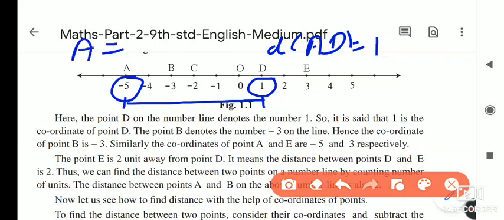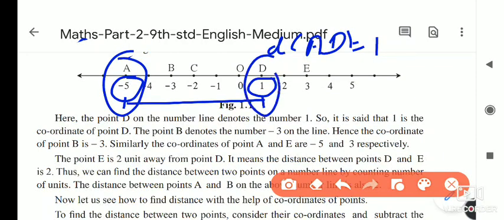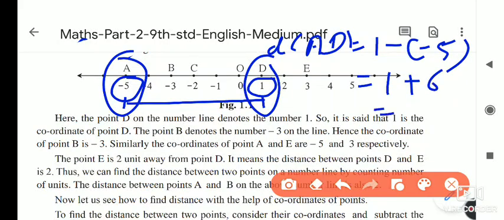Coordinate of D is 1 and coordinate of A is -5. Which is the bigger number? 1 is bigger. So we have to do 1 minus -5, which becomes 1 plus 5, and the answer is 6. In that way we are finding the distance between the two coordinates.